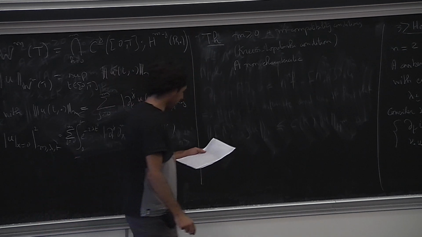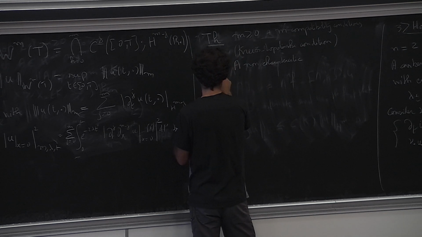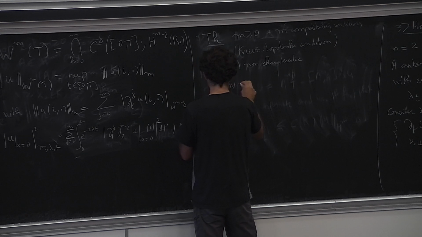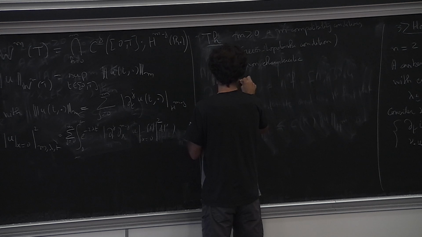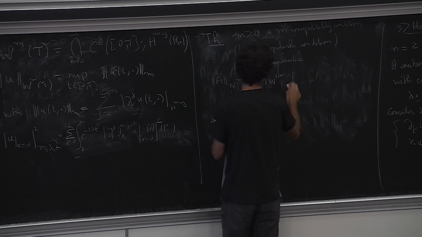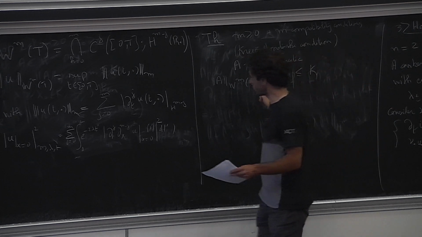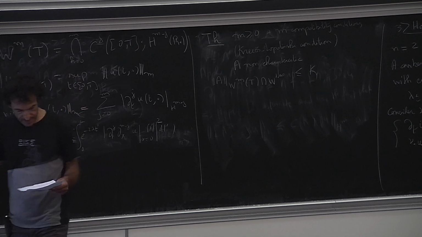Then assume also that you have the norm of A in W^m(T) intersect W^(1,infinity) is smaller than some constant K. So I assume that my coefficients are Lipschitz.